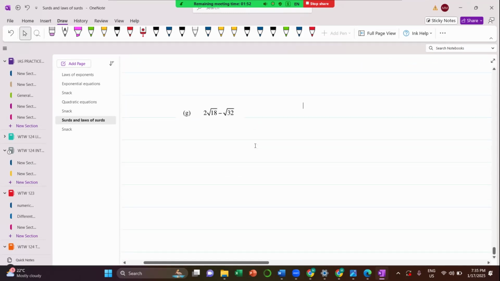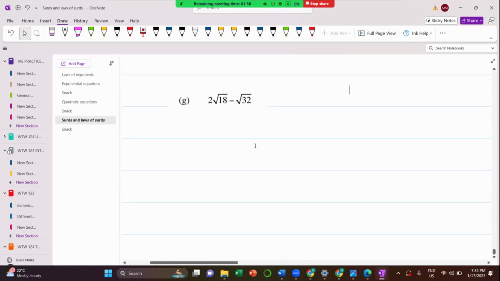So here we are given 2 square root of 18 minus square root of 32.